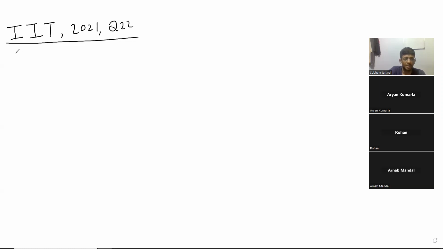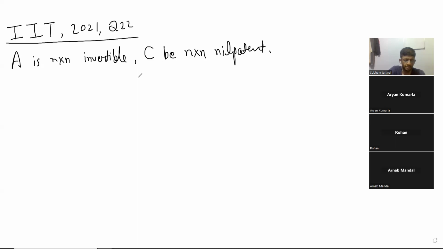Now we'll write the question. So A is an n by n invertible matrix. Nilpotent matrix, we discussed some questions earlier also. And C is an n by n nilpotent matrix. And then X is this matrix, where these xij's are also matrices.